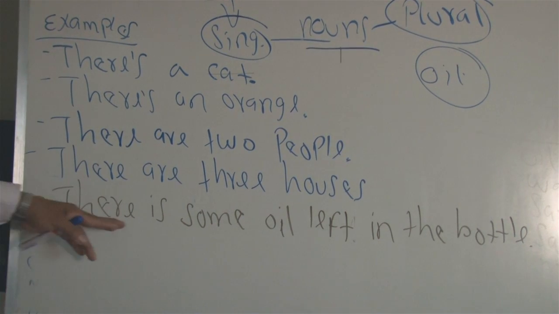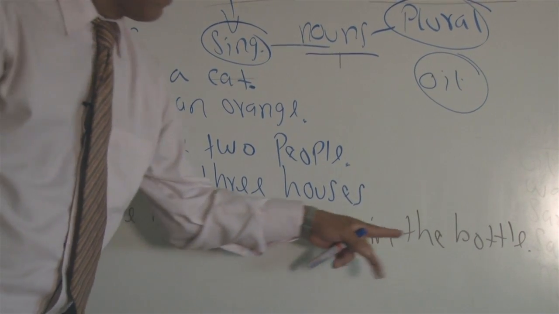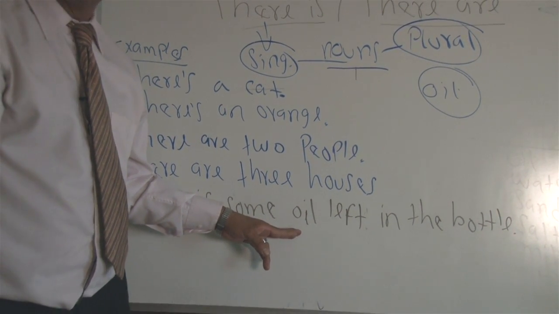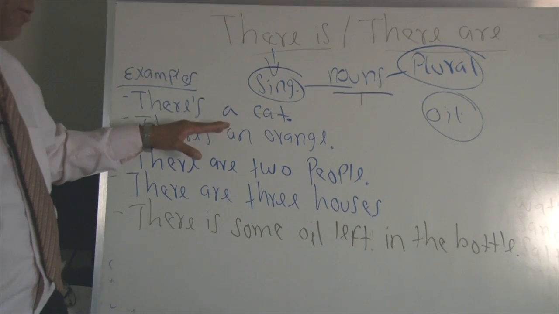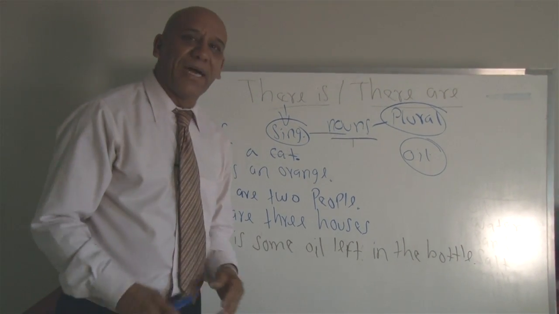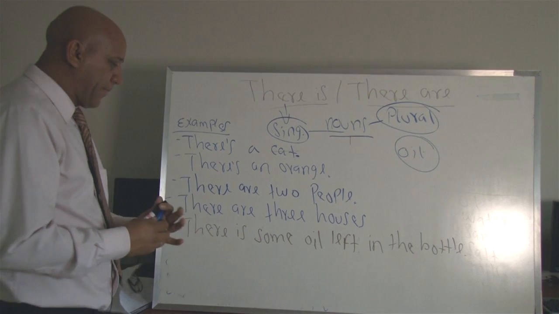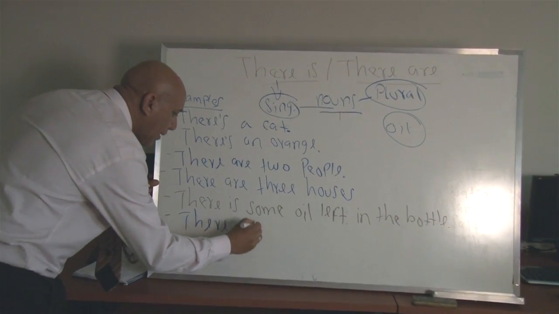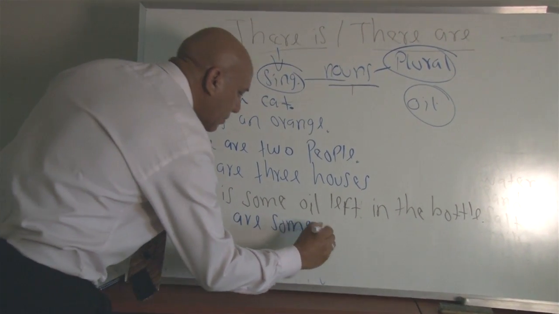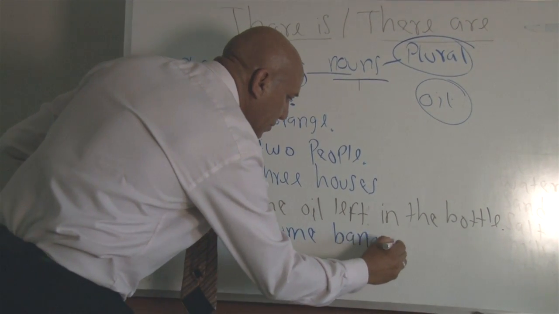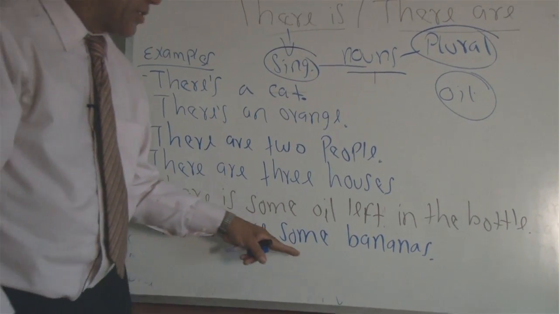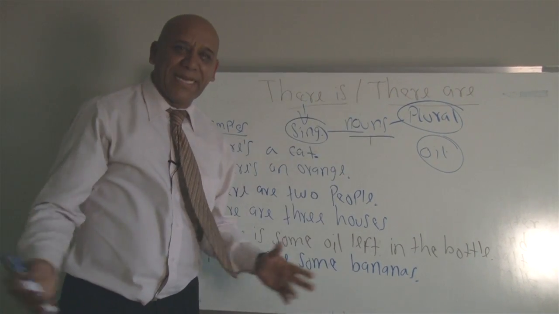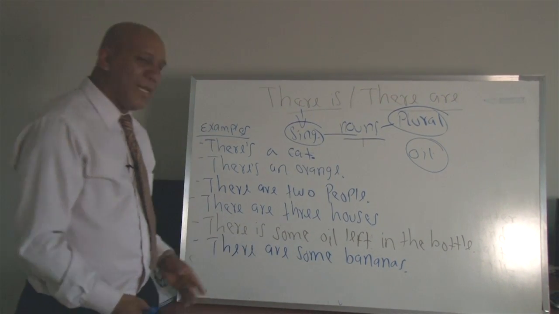In this case, oil is an uncountable noun, so I'm not going to say a or an. Some is for affirmative sentences. In plural, there are some bananas. In this case, maybe there's going to be a bunch of bananas. You cannot count them.